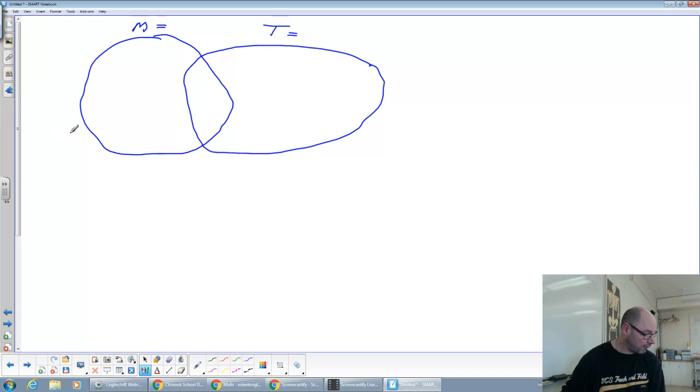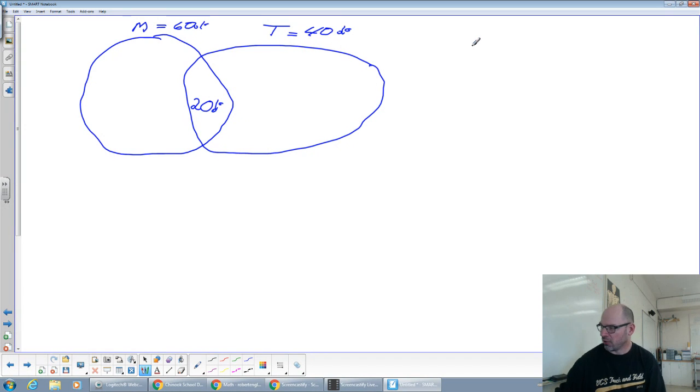Okay, so the forecaster says that there is a 60% chance of snow on Monday. So this is 60%. 40% on Tuesday. And she says that there's going to be snow on both days. There's 20%. So there's 20% in here.